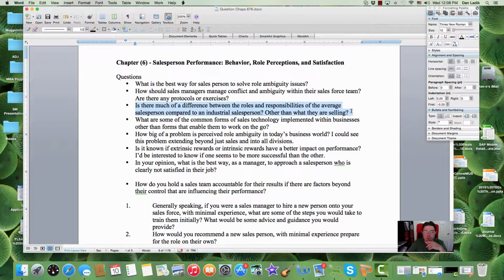Is there much of a difference between the roles and responsibilities of the average salesperson compared to the industrial salesperson, other than what they are selling? Well, whether we talk about the average salesperson or the industrial salesperson, we really have to talk about the magnitude of the sale. Hypothetically speaking, I have students right now working for ADP.